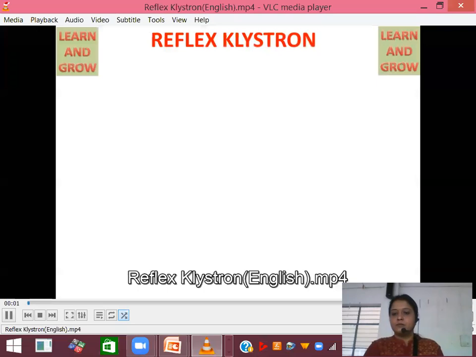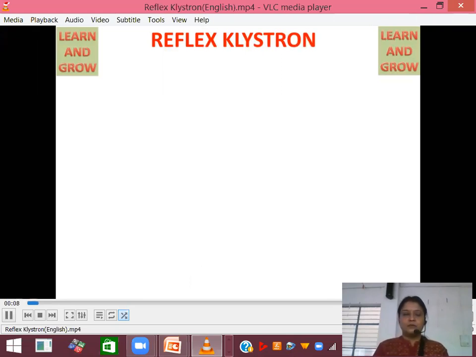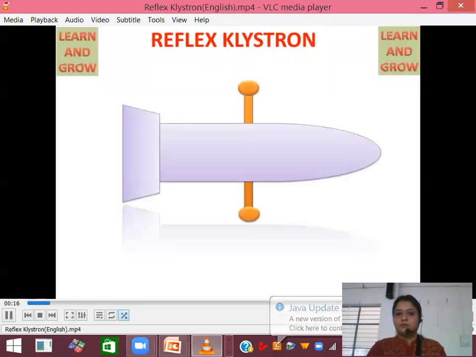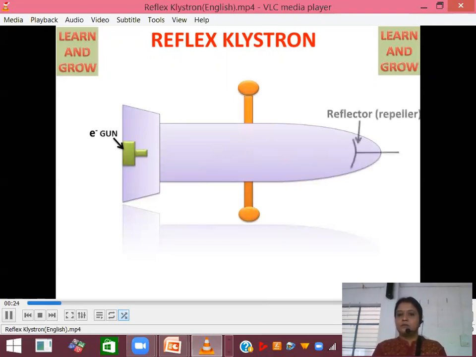Reflex Klystron. It is a single cavity variable frequency microwave generator of low power and low efficiency. The electron beam is accelerated towards the anode cavity. It is an evacuated tube and consists of only a single cavity.